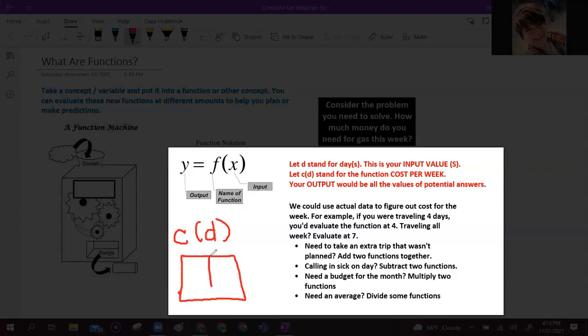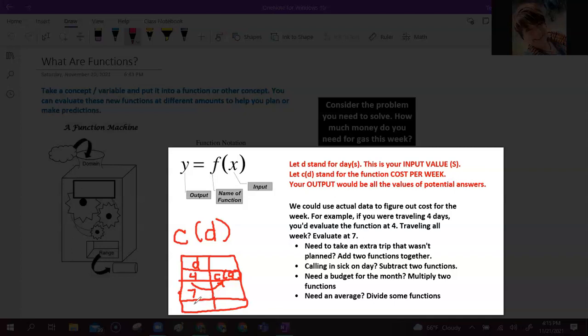A lot of people like to make the table. So if I put in 4 days, what would I get out? What would be the output? So I would be looking for C at 4, or you can put it at 7, or you can put it at a whole bunch of different numbers and evaluate down all the way.